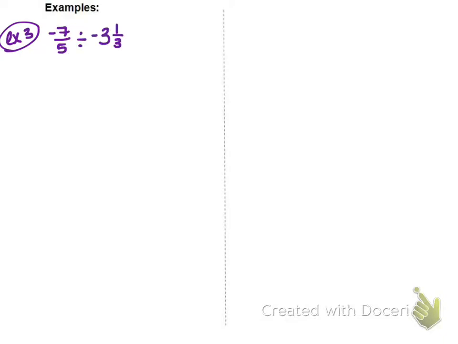So the third example we're going to show you is -7 over 5 divided by -3 and 1/3. So our first step is to convert any mixed number or whole number into an improper fraction. So I'm going to go ahead and do that by ignoring the negative, multiplying 3 times 3 and adding 1.